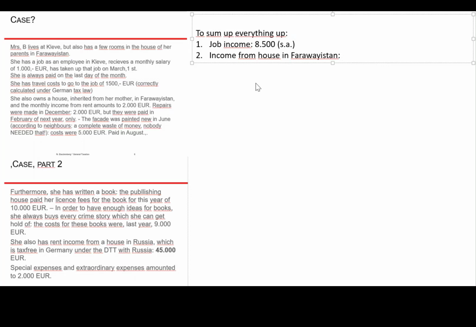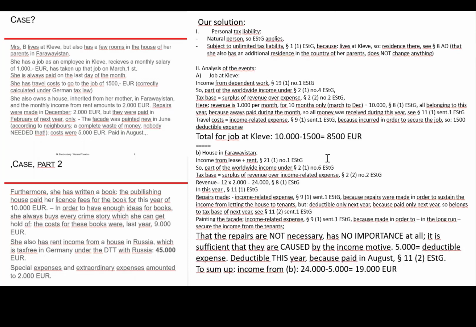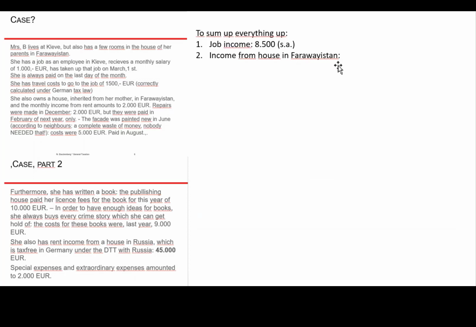So we have just to regard this as part of the regularly taxable income, and that was 19,000. Then the book, income from self-employment. That was 10,000 because the 9,000 were not deductible. Good.